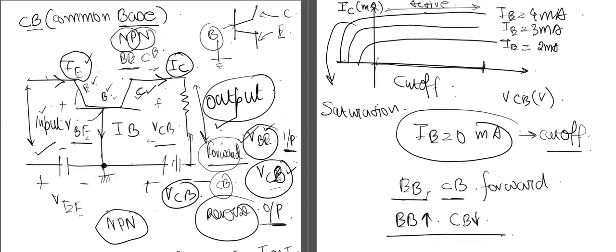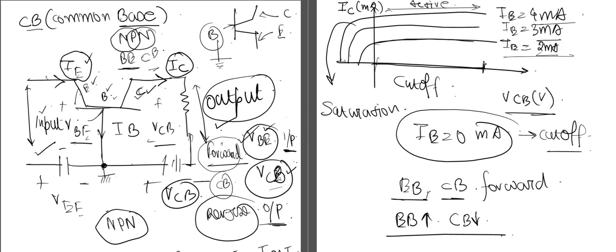In the active region, the value of IE is gradually increased, from 2 milliamperes to 3 milliamperes to 4 milliamperes. As the output voltage VCB is increased further, the output current almost remains constant. So in the active region, the curve is almost flat. The output voltage only causes a little change in the output current.